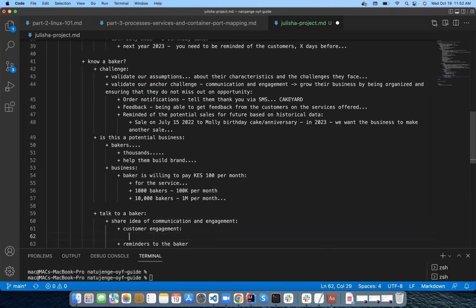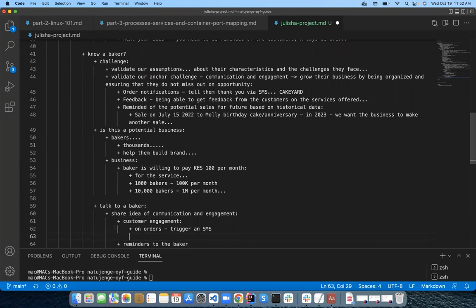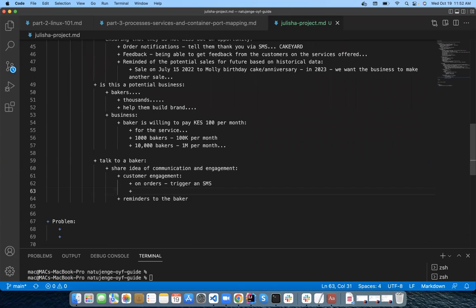Customer engagement is on orders, you can trigger a communication. And then on orders, you can also save the record for the reminder. There are people who also want to be reminded of orders.